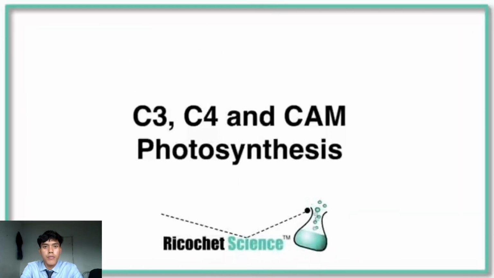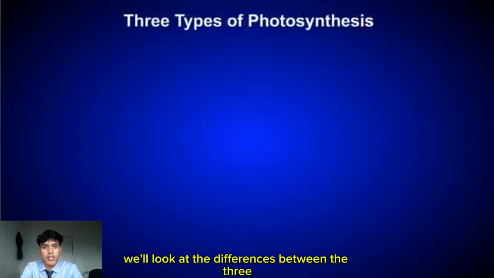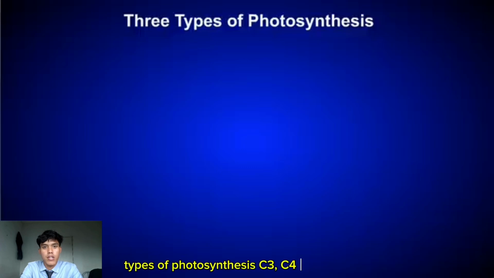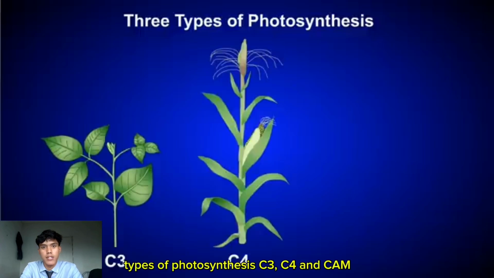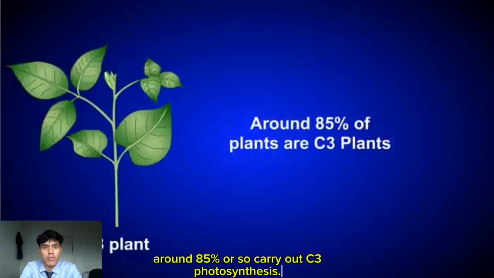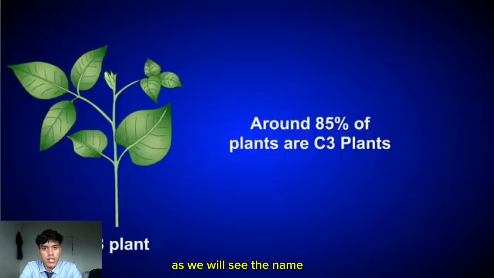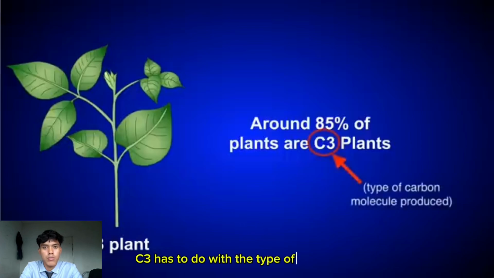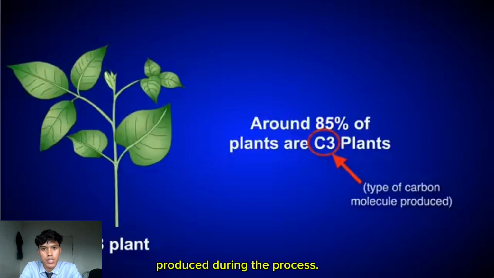In this video, we look at the difference between the three types of photosynthesis: C3, C4 and CAM. Most plants, around 85%, carry out C3 photosynthesis. As we will see, the name C3 has to do with the type of carbon molecules produced during the process.